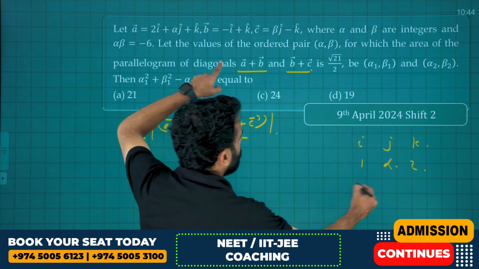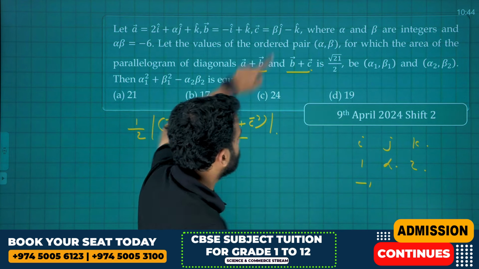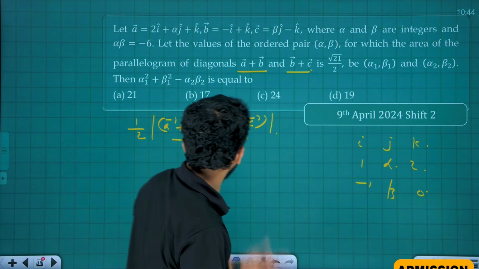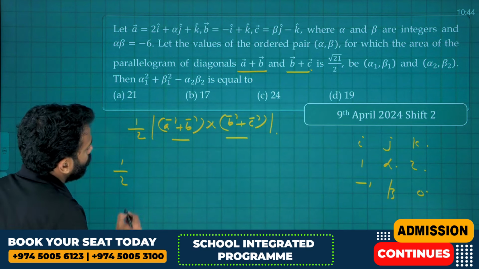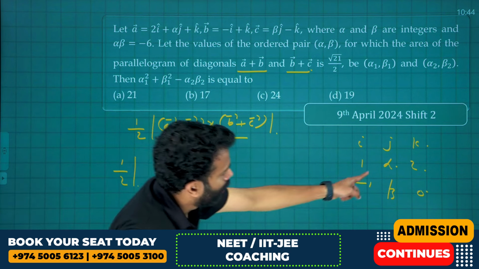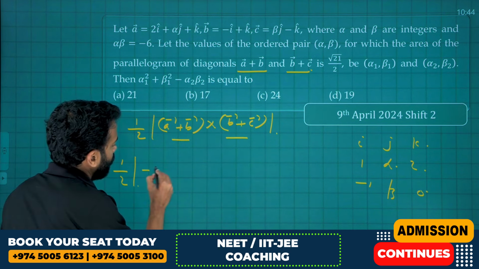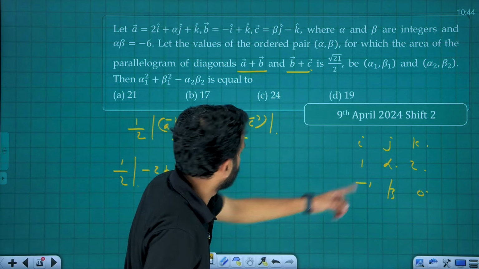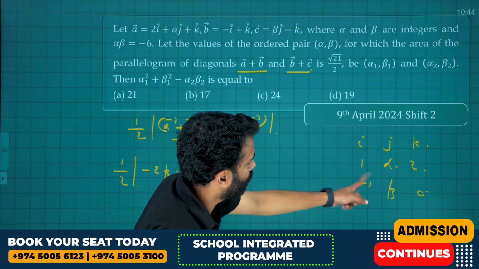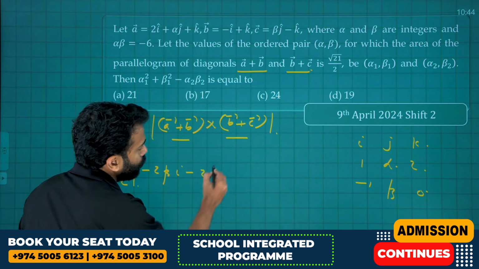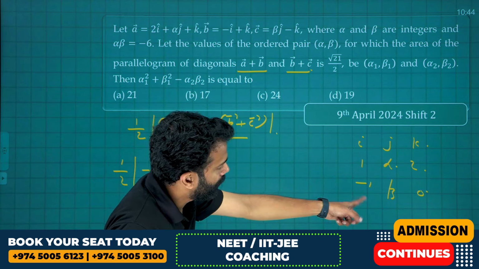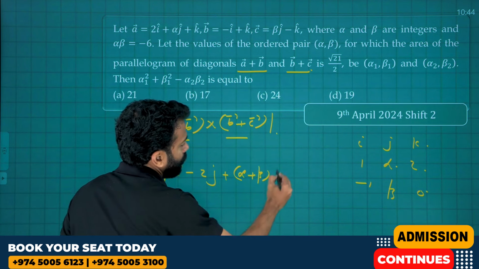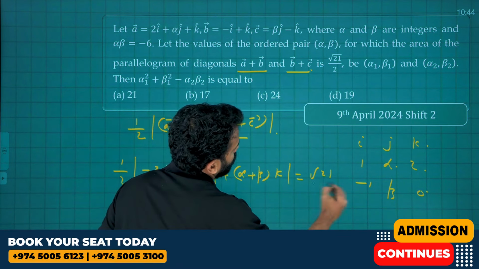Minus i, that is -1, plus beta j, and minus k plus k is 0. So it will be half into magnitude of -2 beta i, minus j into -2, and j beta plus alpha, that is alpha plus beta, into k, is equal to root 21 by 2.